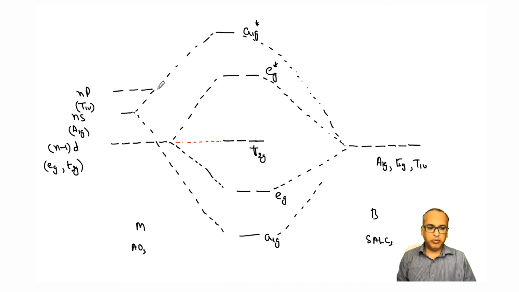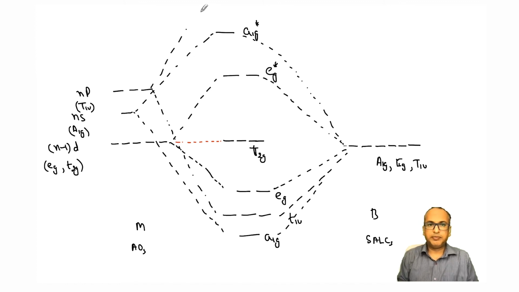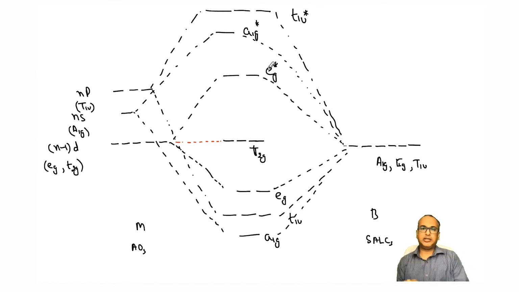So T1U will come somewhere over here. But again, this might flip. So you will have 3 T1U, T1U, and you will have star, which describes anti-bonding.